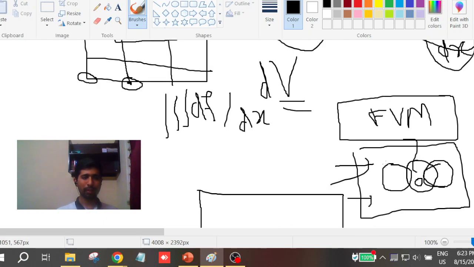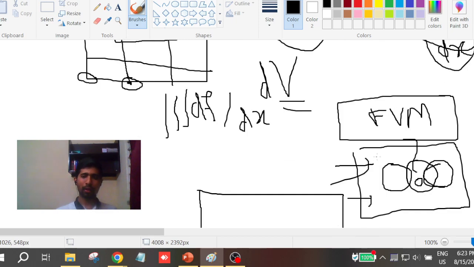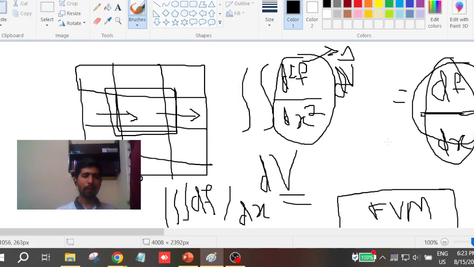So you have to go for an unstructured triangular mesh, or else you can use the immersed boundary method, which is a separate topic altogether. But you cannot directly implement finite difference. So these are the two advantages of using finite volume method over finite difference method.